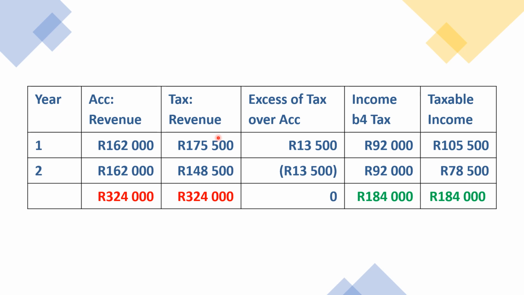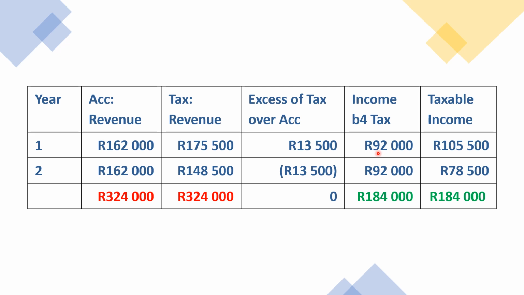Okay, so we're going to take this revenue that we have, less the expense, in order for us to get accounting profit or taxable profit. So for accounting profit, we're going to have revenue of 162,000. Remember, we had an operating expense of 70,000. If you take 162,000 minus 70,000, you have your accounting profit, or profit before tax, of 92,000.